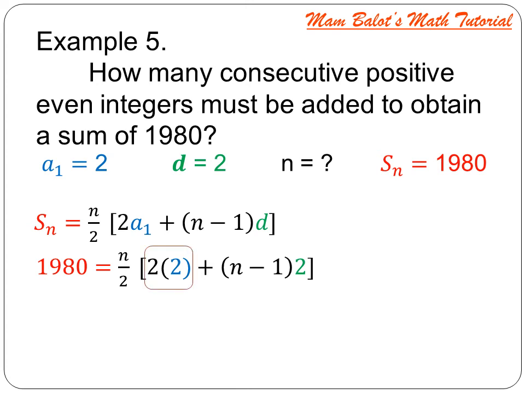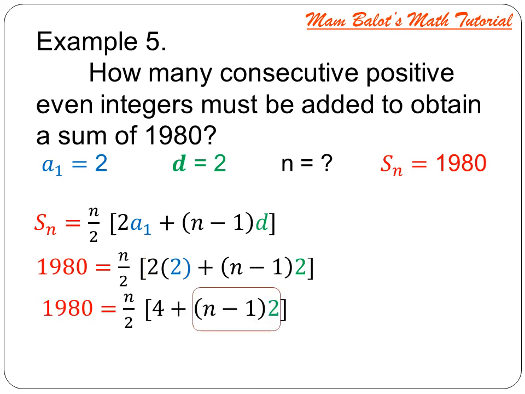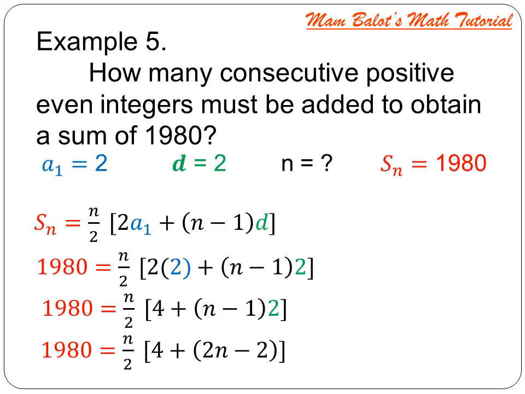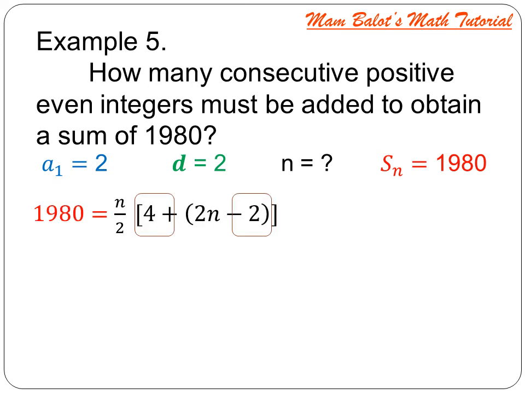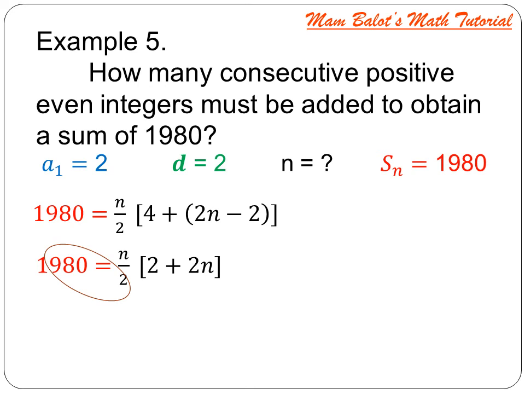So, we have to multiply first 2 times 2, that is now equal to 4. We distribute 2 to n minus 1, that becomes now 2n minus 2. And then, we cross multiply 1980 by 2.